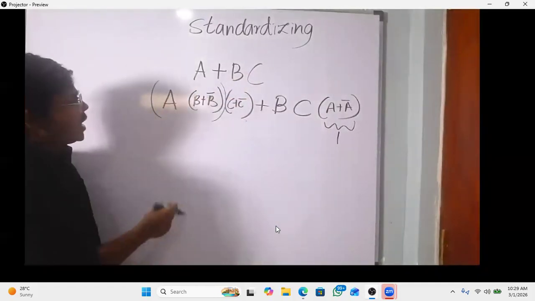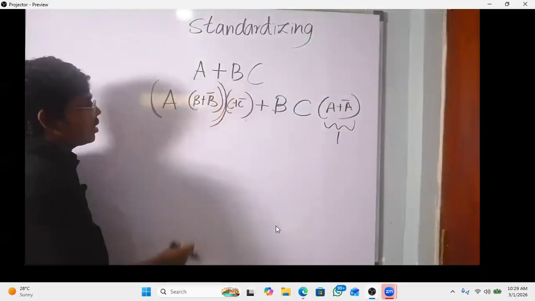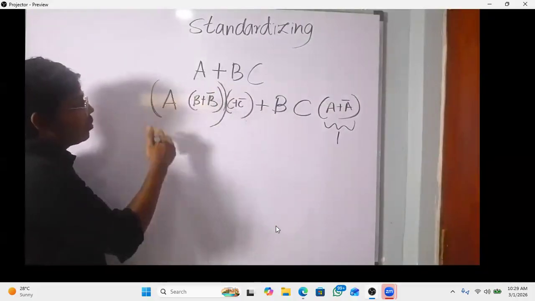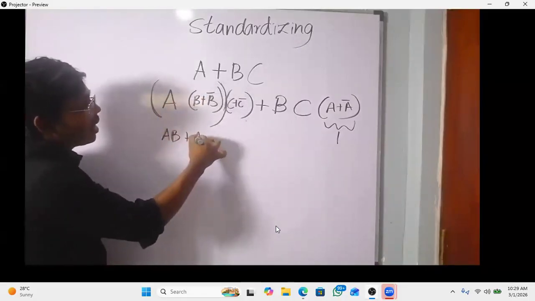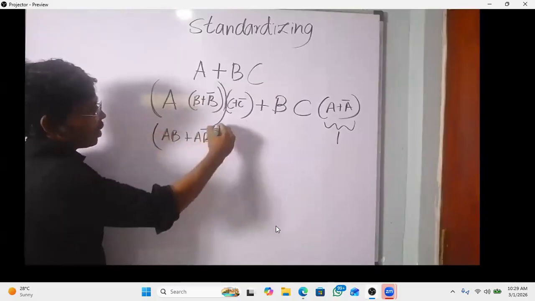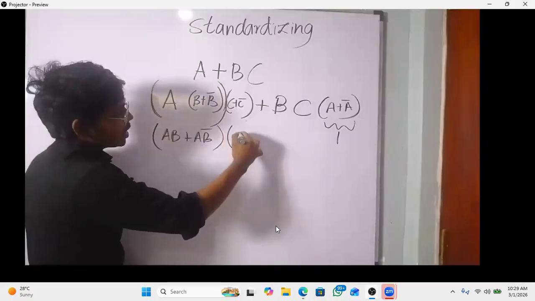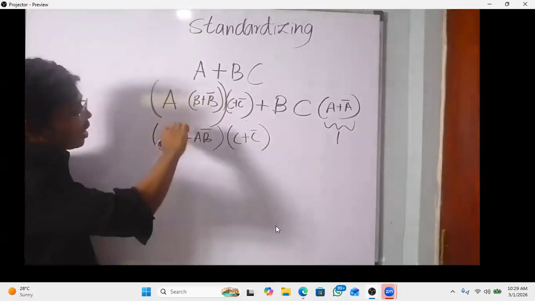So here, inside this, you draw the bracket. Draw the bracket. If not, you might get confused. In this case, AB means A into B, AB, plus A into B bar, AB bar. Easy. Under that, you can draw the bracket and write the next bracket, C plus C bar. Easy. Now again, same smashing.